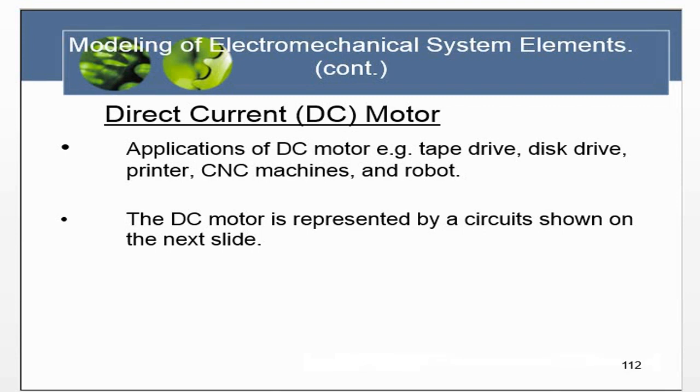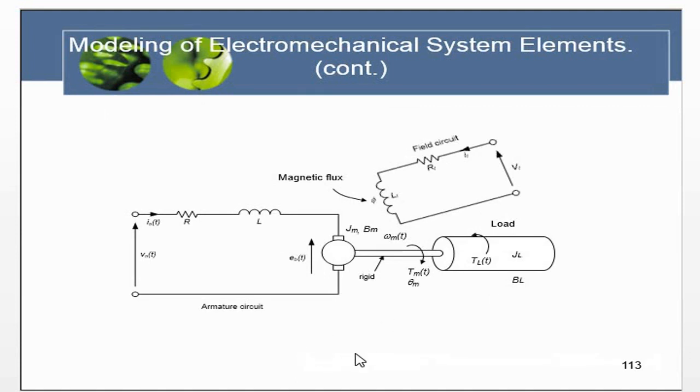DC motor is represented by a circuit shown next. That is the equivalent circuit of DC motor, that you have studied in electrical machine.